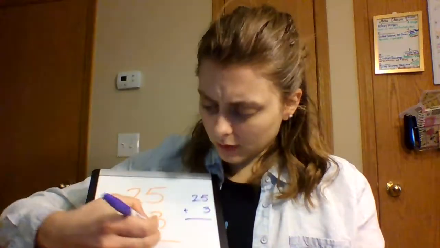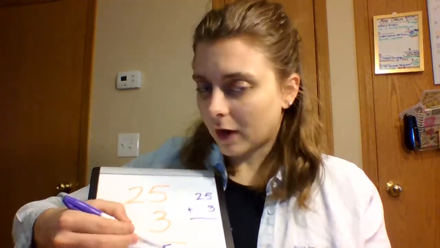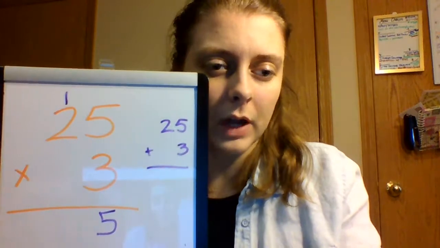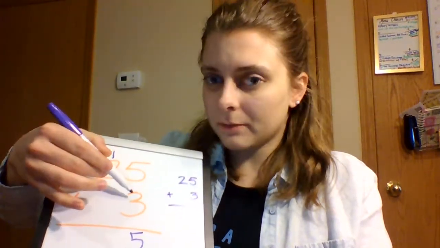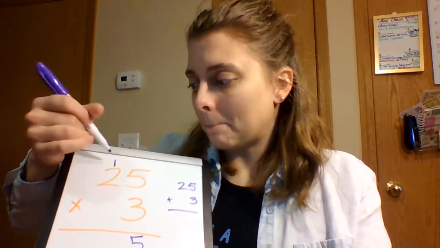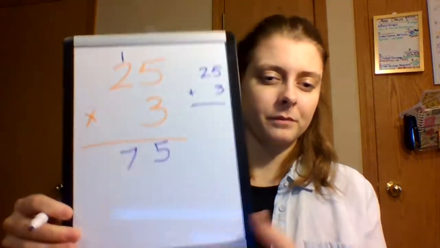So 5 times 3 is 15. Our 5 goes in the ones, and we carry our 10, okay? Now, you do 2 times 3, which is 6, plus 1, 7.